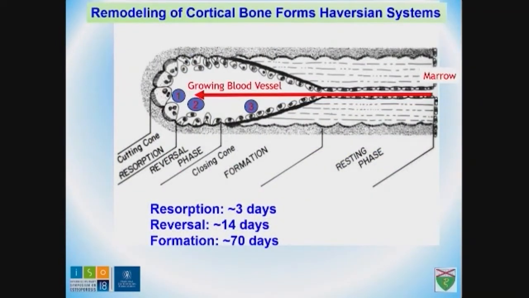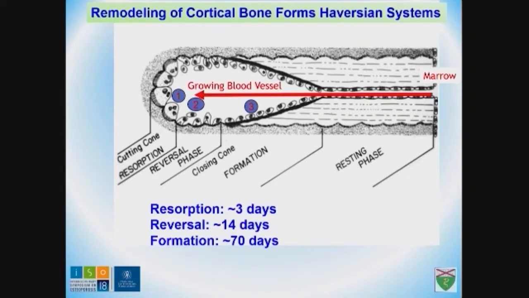The remodeling cycle in cortical bone, in that thick column of bone, occurs in a somewhat different fashion. The principles are the same. It begins with a cutting cone that's activated by osteoclasts resorbing bone, followed by this reversal phase where there's not too much cellular activity, followed by the formation phase.